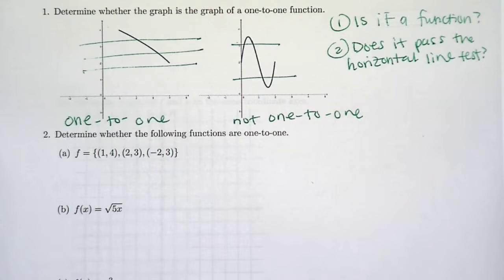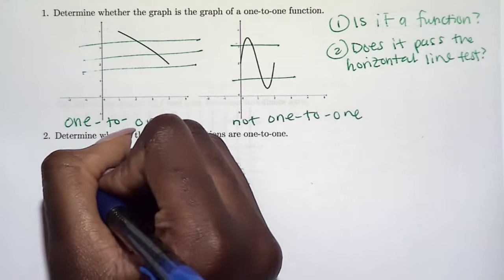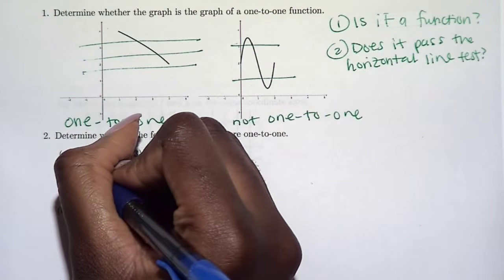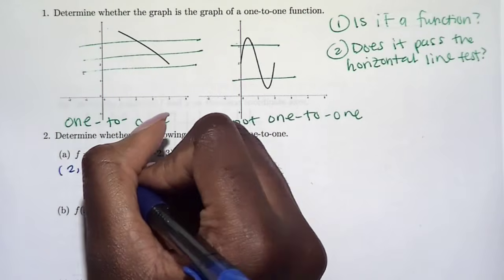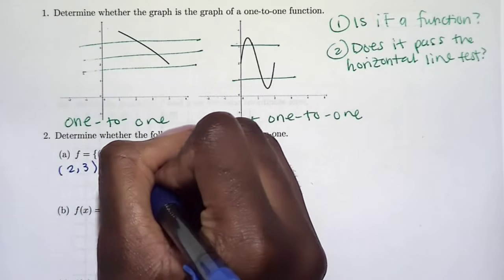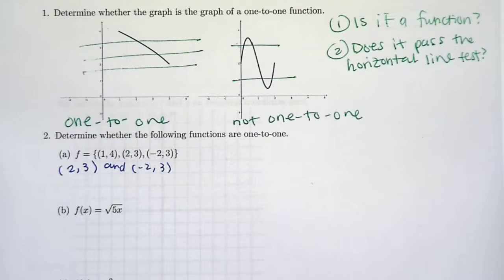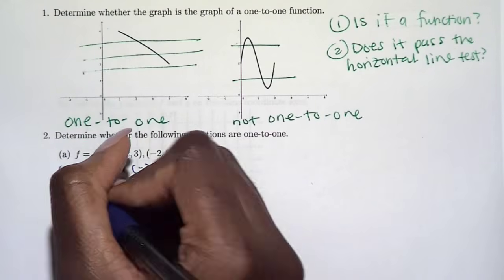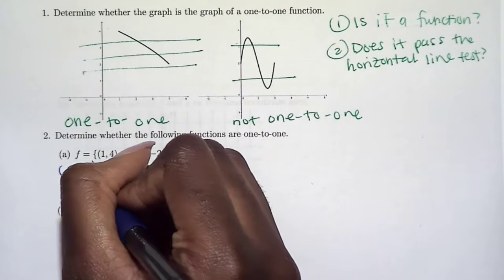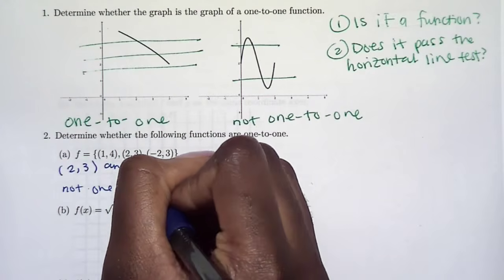Every x value doesn't have its own y value. So I'll say, because we have (2, 3) and (-2, 3), it's not one-to-one.